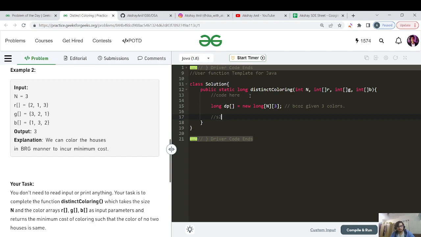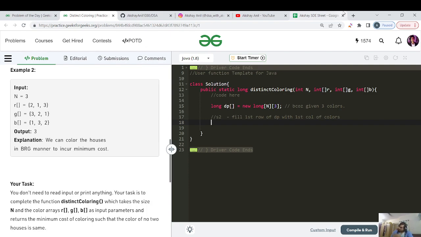Step 2, I need to fill the first row of DP with the first column of colors, right? So let us just fill it.